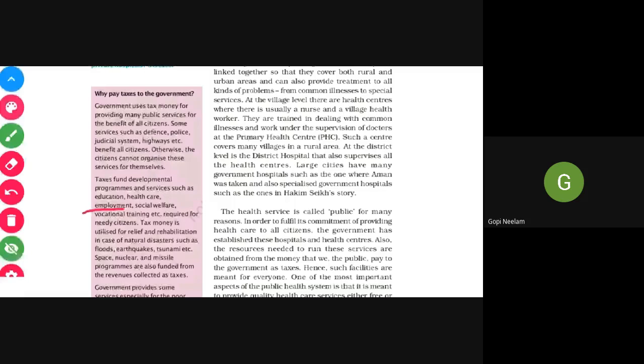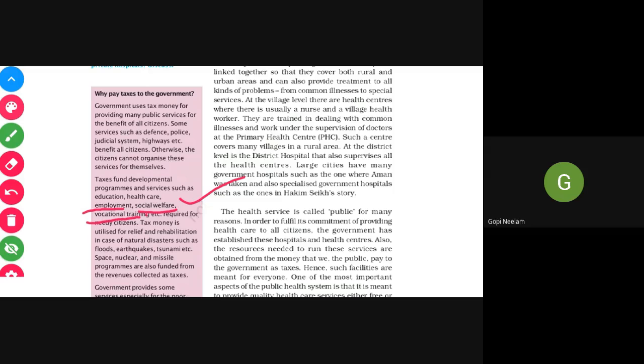Social welfare. What is social welfare? Providing welfare schemes and facilities for the social development of people who are backward. And vocational training. What does it mean? Vocational training is providing training to people who do not have a job, so that they enhance their skills and get ready for joining better jobs.